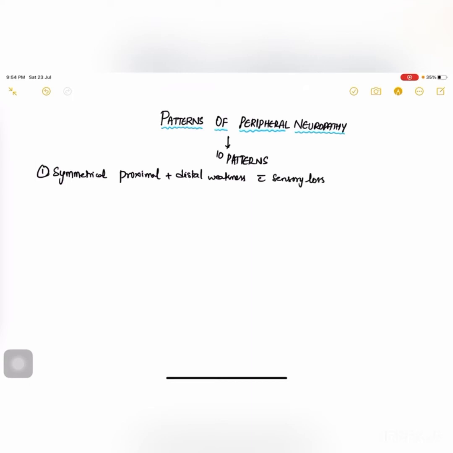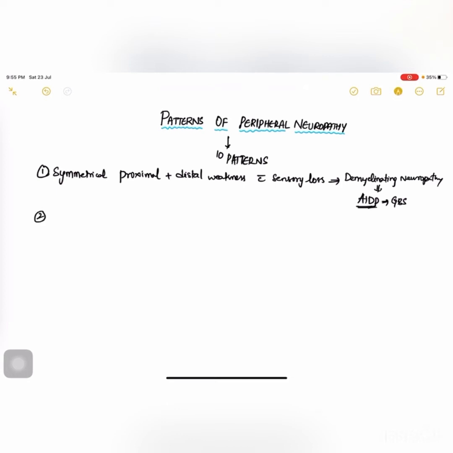So in the first pattern, there is symmetrical proximal and distal weakness with sensory involvement, which is seen in demyelinating neuropathies. The best example is AIDP, which is a variant of GBS, Guillain-Barré syndrome. AIDP is acute inflammatory demyelinating polyradicular neuropathy.